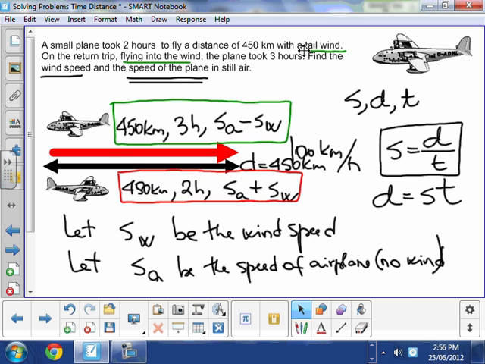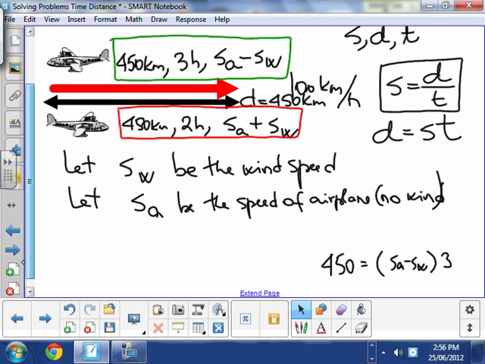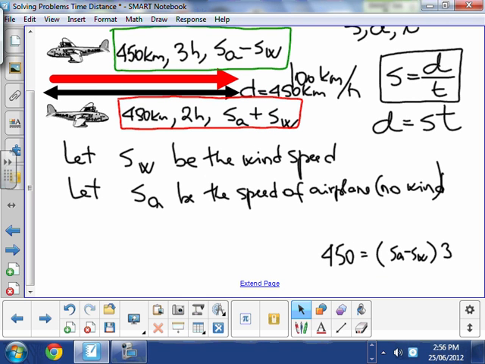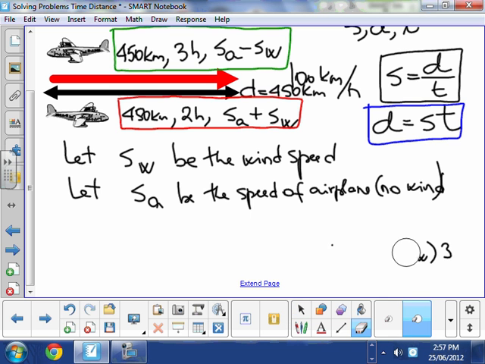Okay, so how do I connect these three quantities using the formula D equals S times T? Let's see what I know. So, how much is my distance? My distance is 450 kilometers, right?